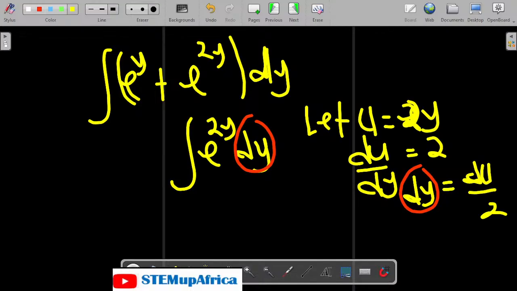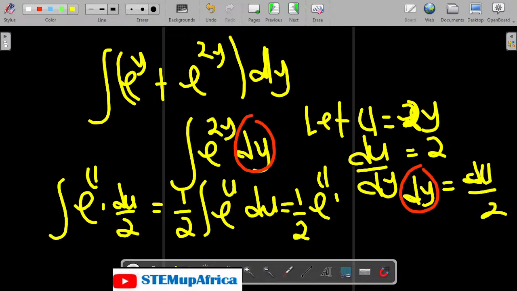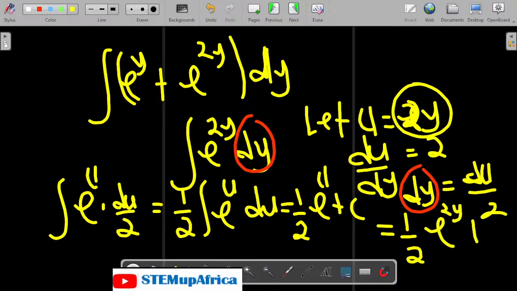So I'm going to have the integral of exponential u times du over 2, which is 1 over 2 integral of exponential u du. Like I said, if you integrate exponential u or exponential x, it gives the same thing. So my result is 1 over 2 exponential u plus c. But what is our u? Remember, our u is 2y. I'm having 1 over 2 exponential 2y plus c.